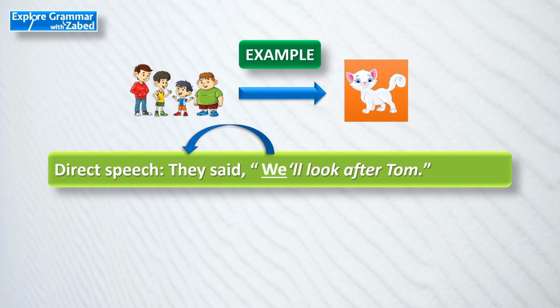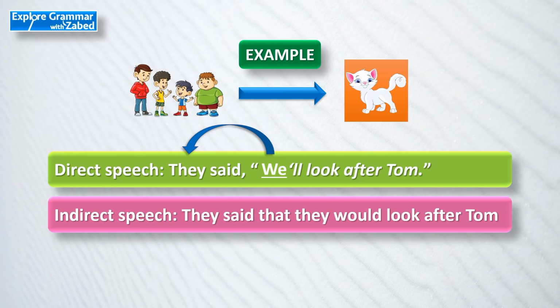Here, the subject of the reporting speech is given in third person. For this, its indirect speech will be: They said they would look after Tom. It means that the first person pronouns, that is I, we, me, us, my, mine, our, etc., always change according to the subject of the reporting speech.